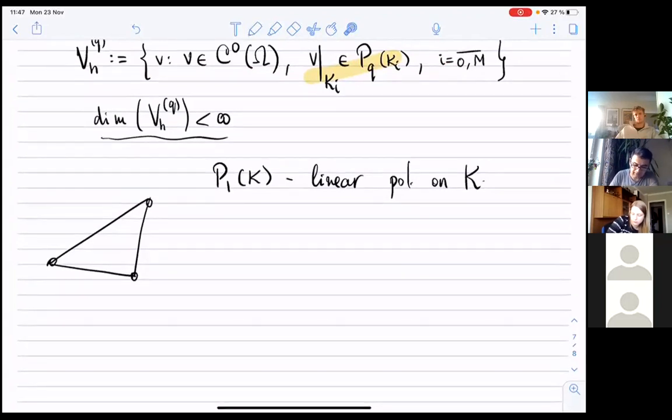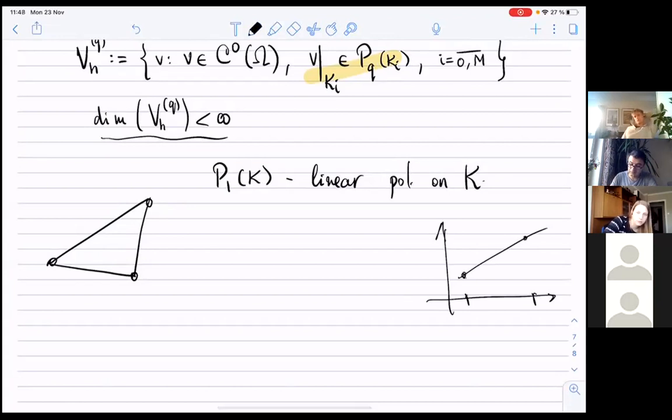So if you want to define any polynomial in this triangle, we need to define, so what was the argument that we had in 1D? In 1D, if you have an interval like that, and if you have linear functions, we say that any linear function can be identified by 2 points, right?